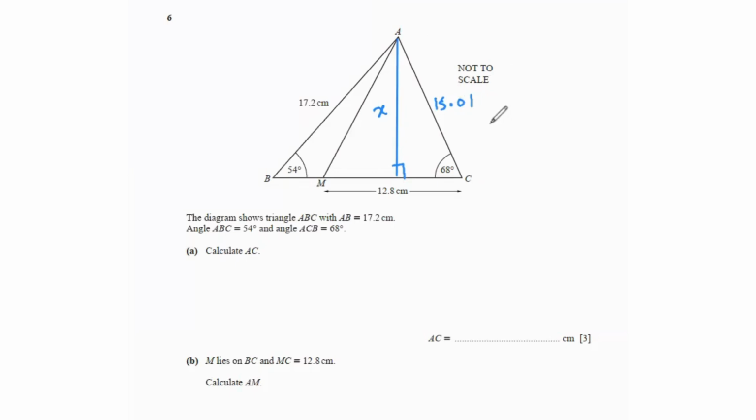So if we do sine of 68 equals x over 15.01, 15.01 times sine 68 equals x. And that gives us 13.92 centimeters. That is the shortest distance from A to BC.